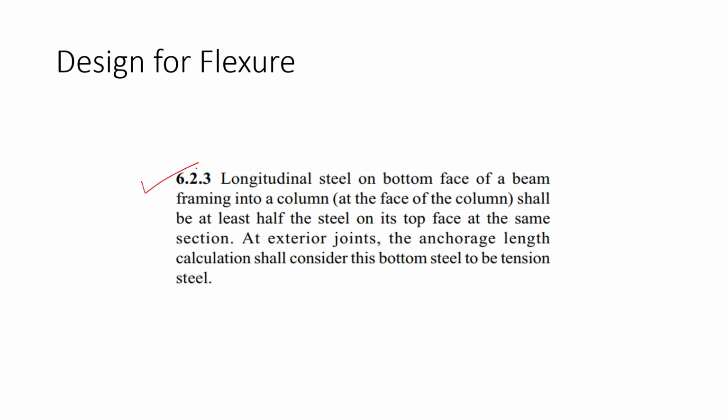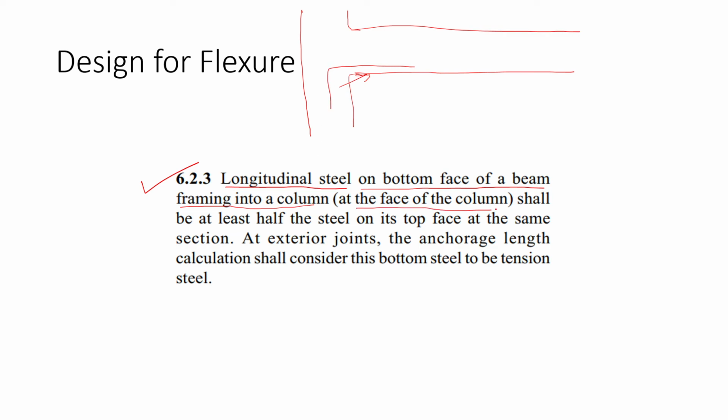Now the next clause is 6.2.3. Longitudinal steel, means horizontal steel at the top and bottom. Longitudinal steel on the bottom face of the beam framing into a column, suppose this is the column, the steel at the face of the column shall be at least half the steel on its top face at the same section.